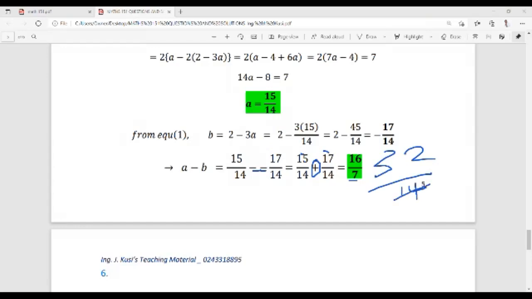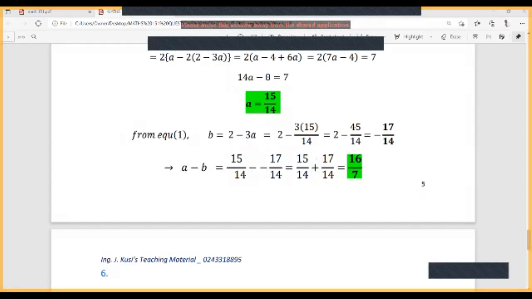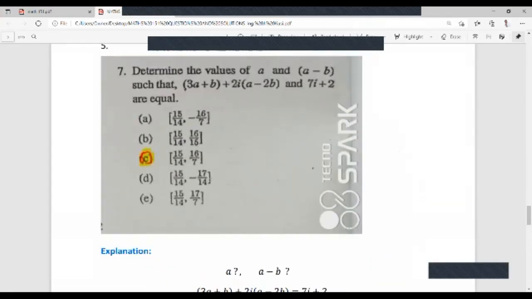Two goes into 14 seven times, and into 32 sixteen times. That will be 16 over 7. So the answer is 15 over 14 and 16 over 7. So the answer is C. So you're okay now.